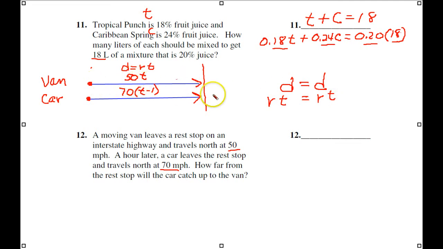So the van's rate will be 50 times t, because we don't know the time. But for the car, its rate is 70, and its time is 1 hour less, because they left 1 hour later. So its amount of time is going to be 1 hour less. So it's 70 times t minus 1.